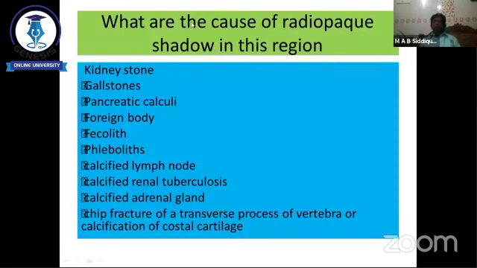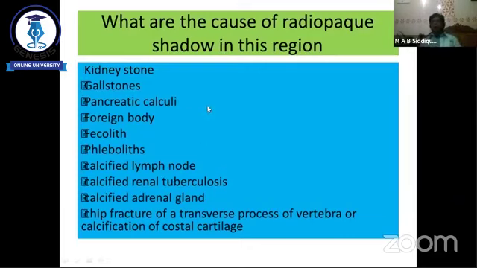So what are the causes of a radiopaque shadow in this region? Actually, on the right side, there are so many causes: kidney stone, gallstone, pancreatic calculi, foreign body, phlebolith, calcified lymph node, calcified renal tuberculosis, calcified adrenal gland, fracture of the transverse process of the vertebra, or calcified costal cartilage.